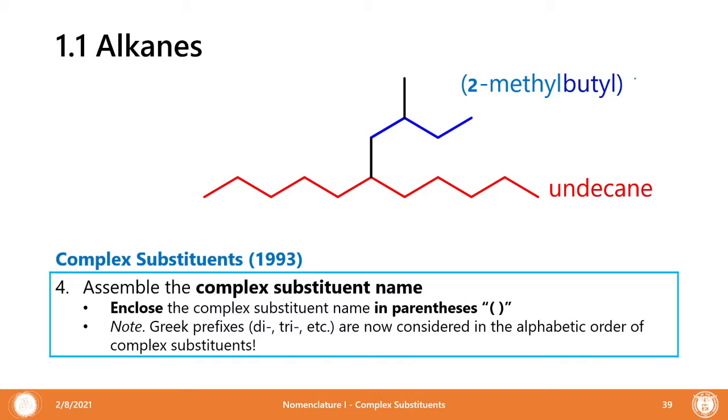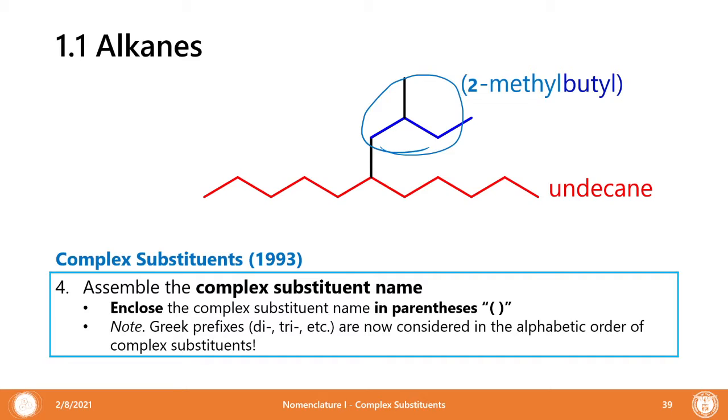The parentheses separate the whole substituent group from other substituent groups, for example. So this whole portion is 2-methylbutyl, and we enclose it there.